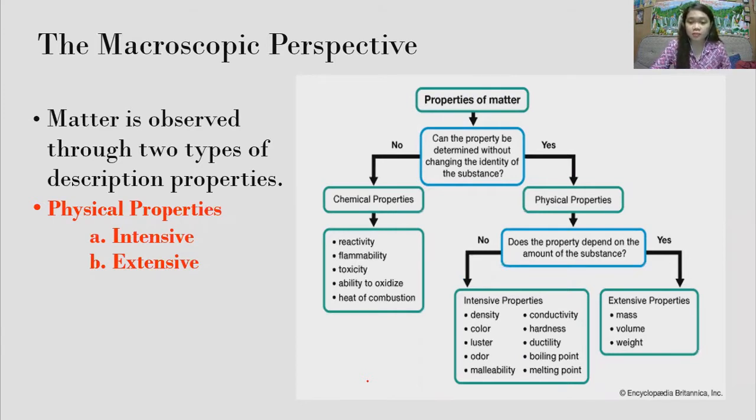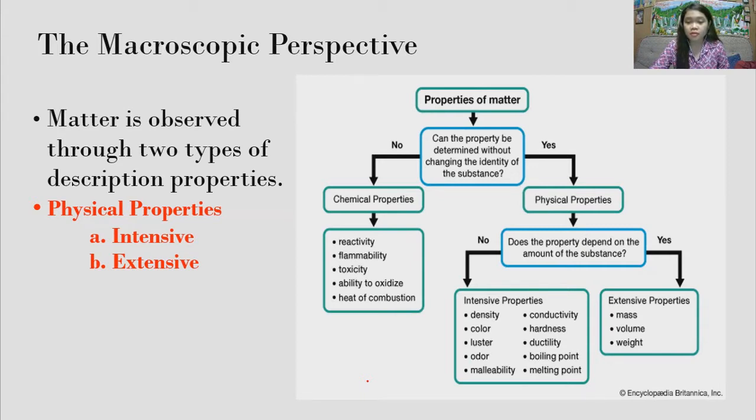Under physical properties, it is also divided into intensive and extensive properties. If the physical property you are going to determine depends on the amount of the substance, then it is an extensive property. Examples for this are mass, volume, and weight of the matter.